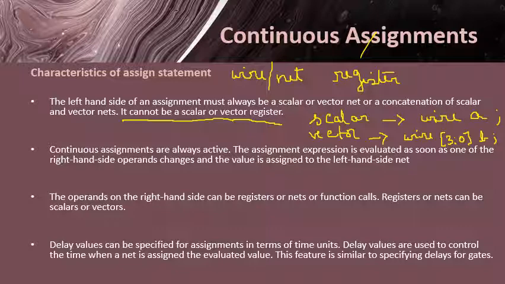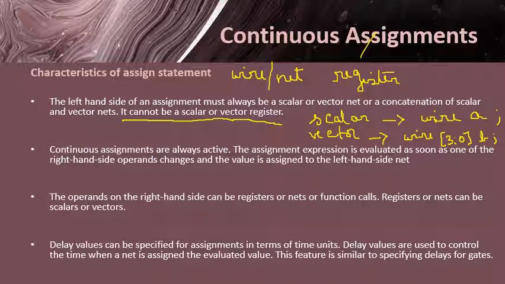So you can follow any order of the statements. This will be driven not according to the sequence you have written, but by event driven simulation. The assignment expression is evaluated as soon as one of the right hand side operands changes, and the value is assigned to the left hand side.